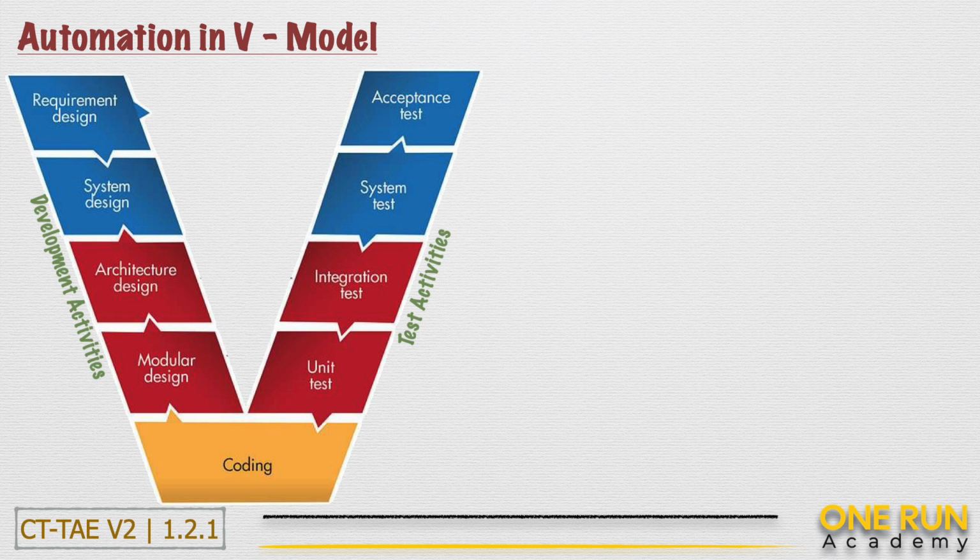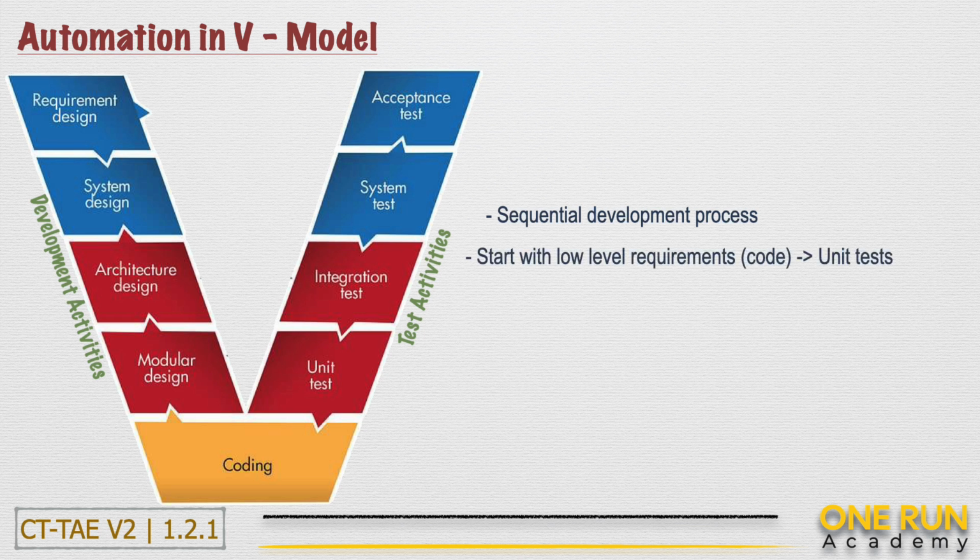So the process runs sequentially, step by step, and that makes it pretty ideal for planning automation because you can align your automation tasks with the development milestones. So at the bottom of the V, we start with low level requirements, which are essentially the code itself.